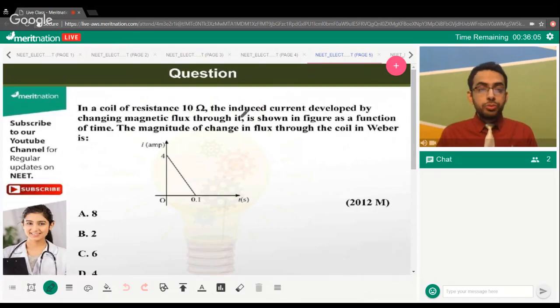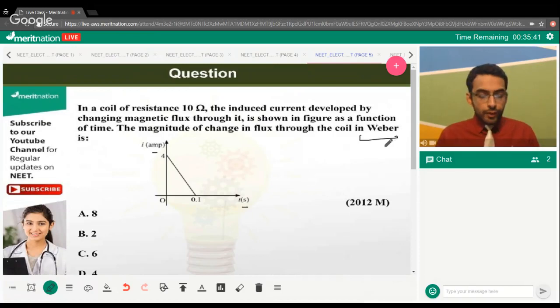The magnitude of change in flux through the coil in Weber is. So if everything is given in SI units, SI unit of current here, SI unit of time here, whatever magnetic flux we'll get, it will also be in SI unit, that means in Weber.